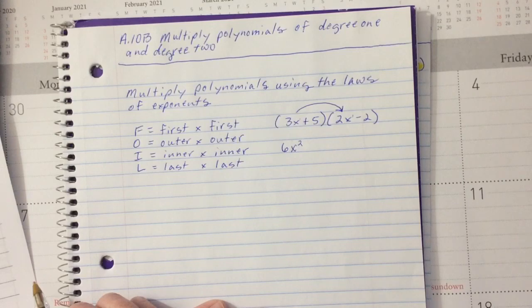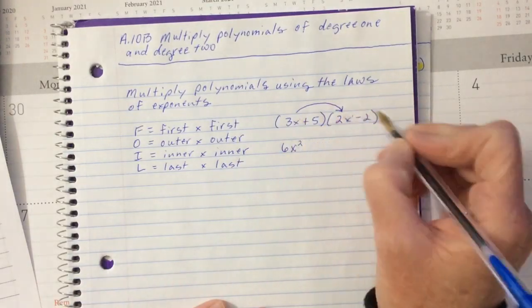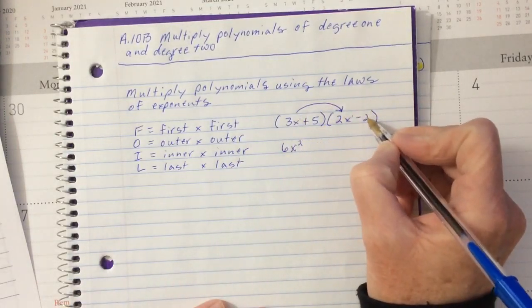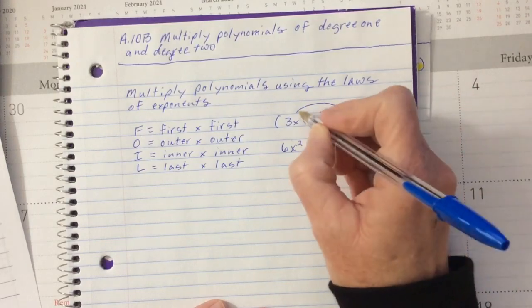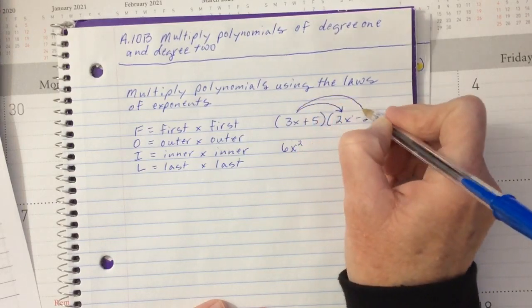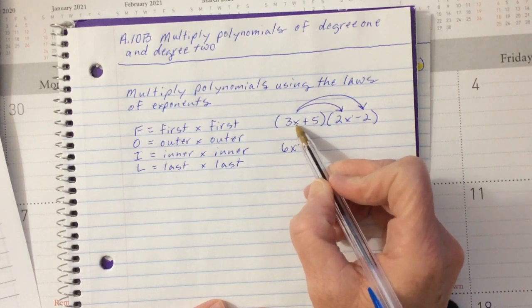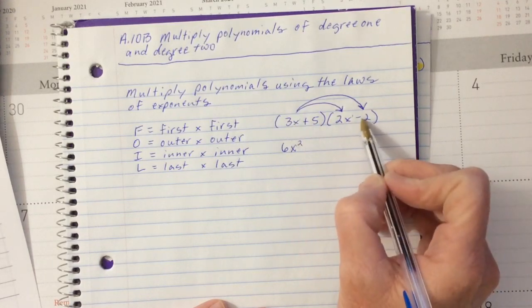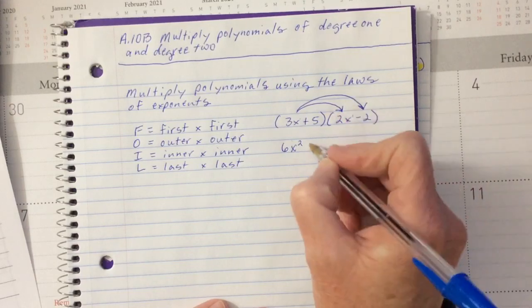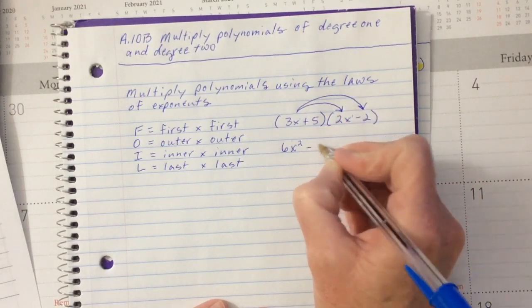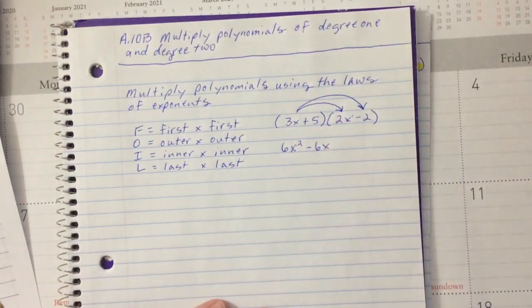Now I'm going to multiply this number times the outer number. So 3x times negative 2 will give us negative 6x.